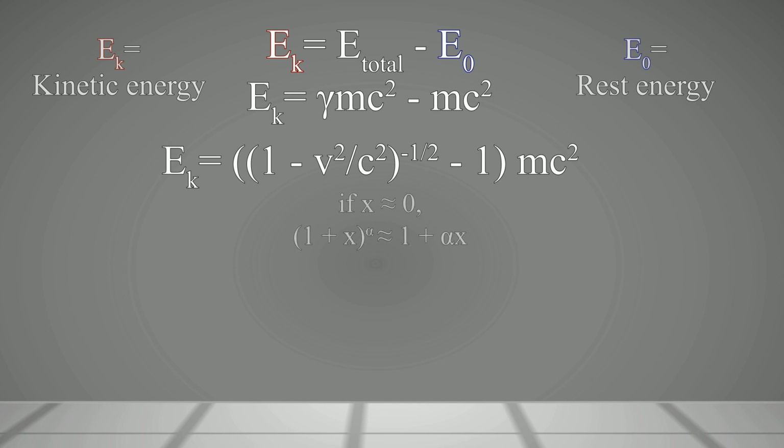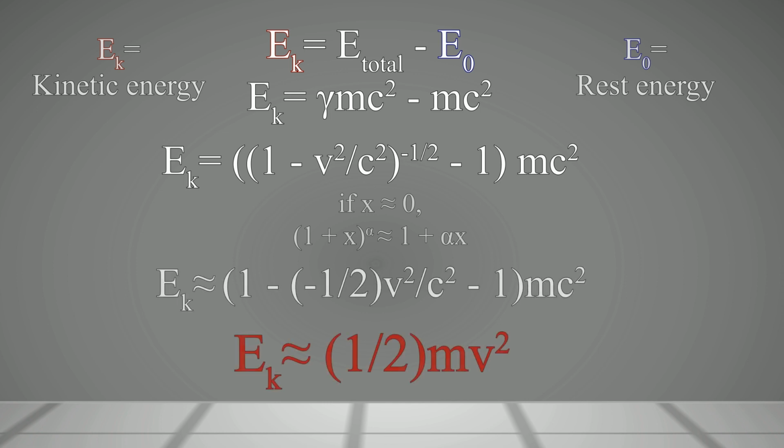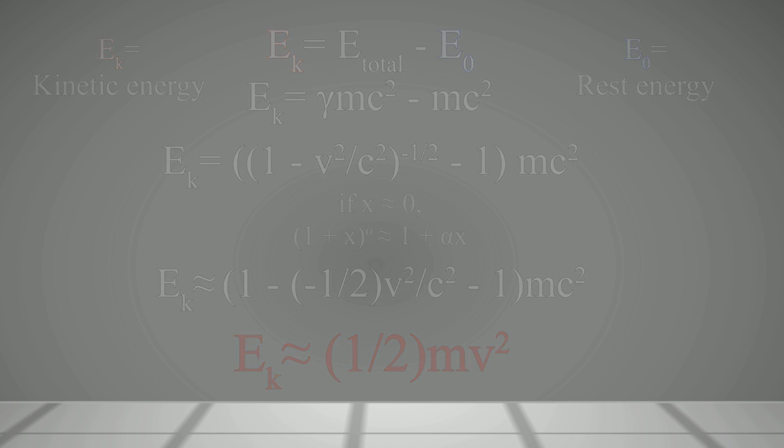The binomial approximation of v² over c² is, however, extremely precise, and so the resulting formula transforms into a familiar equation. Indeed, small increases in velocity compared to the speed of light are never negligible because of the incredible amount of energy stored within mass, which translates into greater kinetic energy.